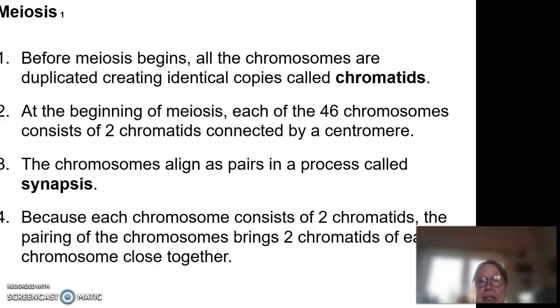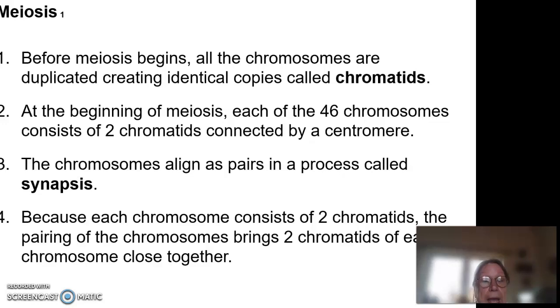At the beginning, each of the 46 chromosomes consists of 2 chromatids connected by a centromere, which is just a kind of bridge, a separation thing. When they align, it's called synapsis. Notice the difference in this spelling: synapsis, I-S at the end, pertains to chromosomes aligning.